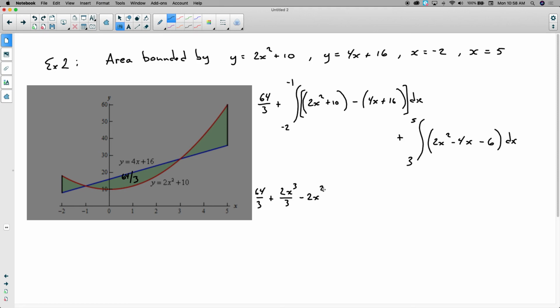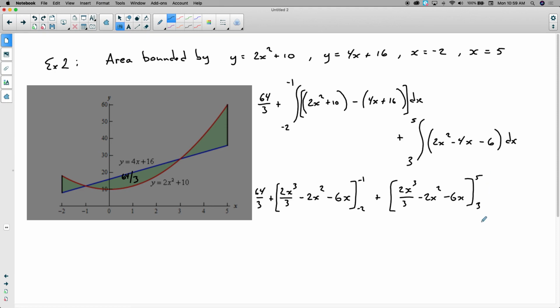Let me just check that by distributing -4x. Yeah. And then minus 6x. And then this is going to be evaluated from -2 to -1. And then we've got exactly the same thing, but this one is evaluated from 3 to 5.